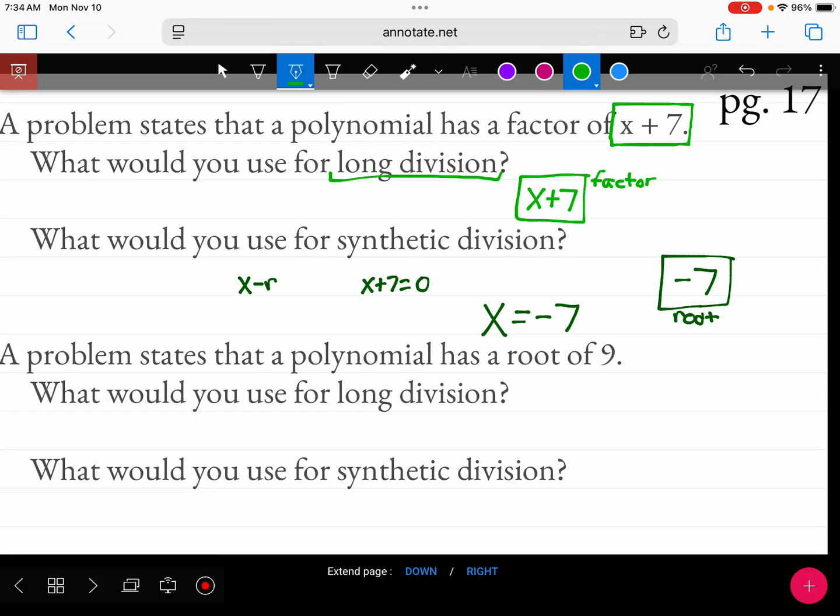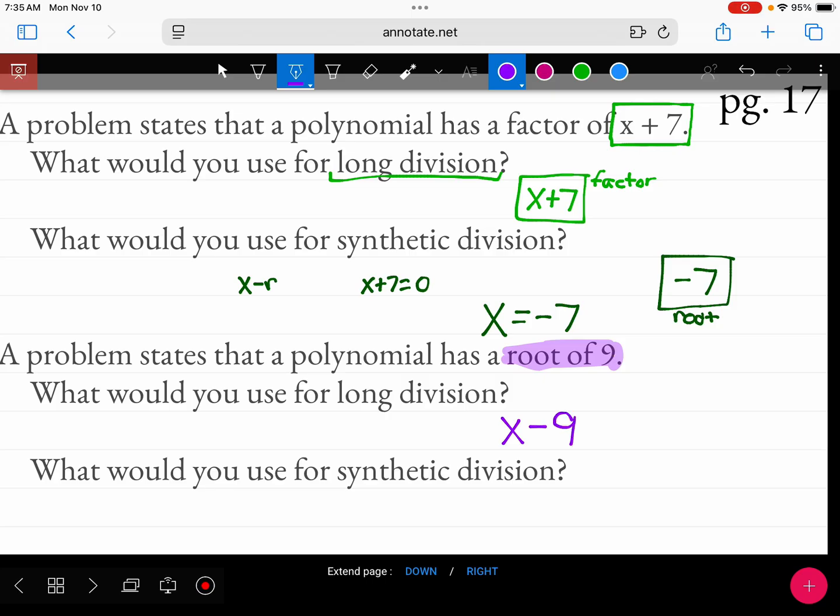So if we have a polynomial with a root of 9, what would the factor be for long division? Yeah, we would straight up write this as x minus 9.